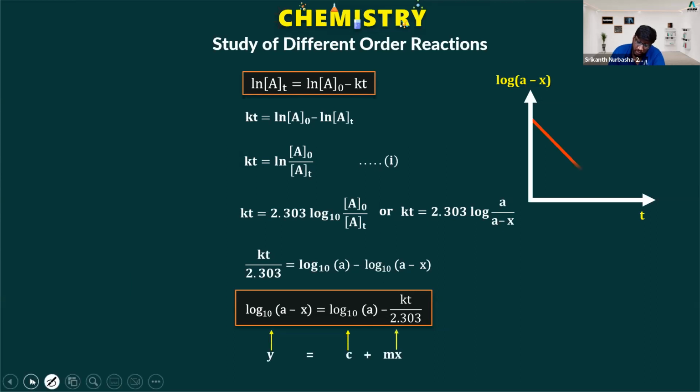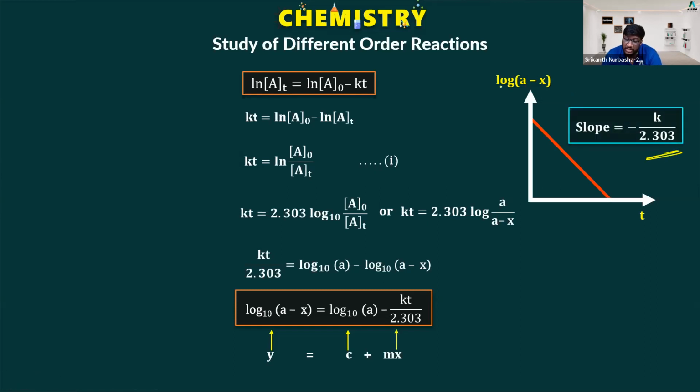Slope is going to be changed now. Slope is equal to minus k by 2.303 because it is the graph plotted with the logarithm of A minus x versus t. Earlier we had a graph plotted with ln of concentration of A at any time versus t, so there was a difference between these two.